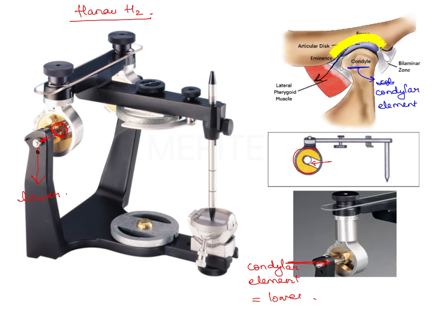Okay, the whole thing here is forming a track like a fossa, which is the condylar guidance. Okay, this track is the condylar guidance, which is in the upper member. Can you see this whole assembly is attached to the upper member of the articulator? So this model is an Archon type of articulator.